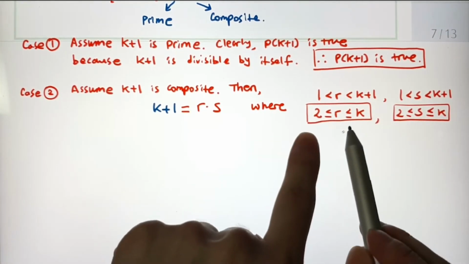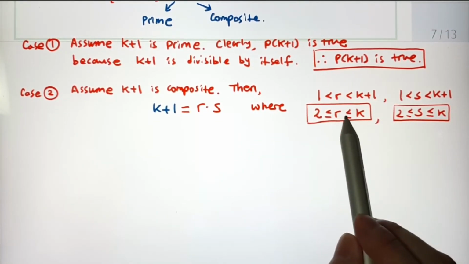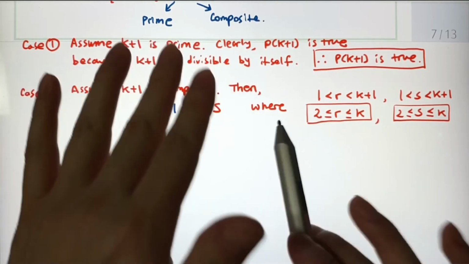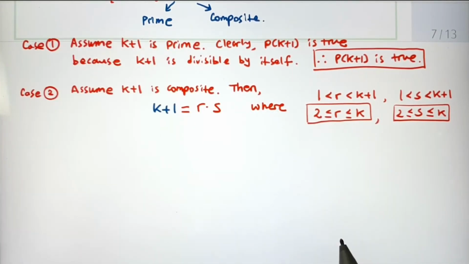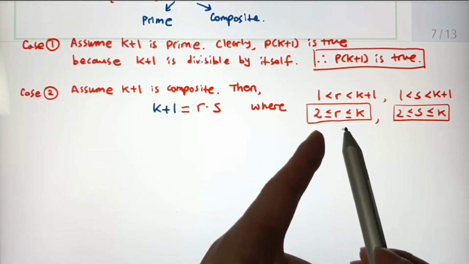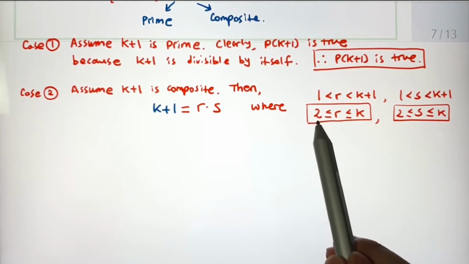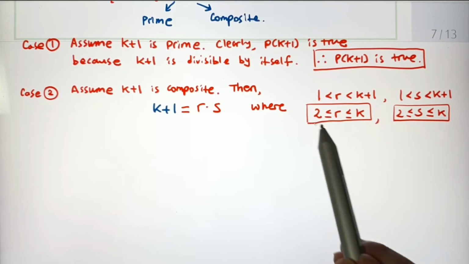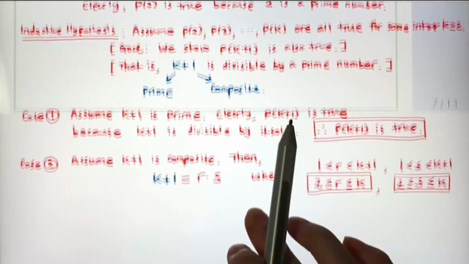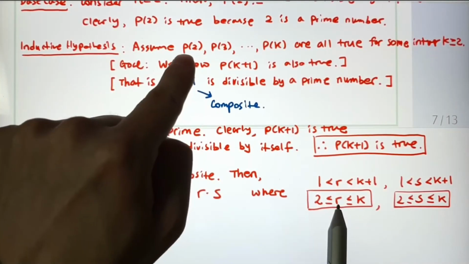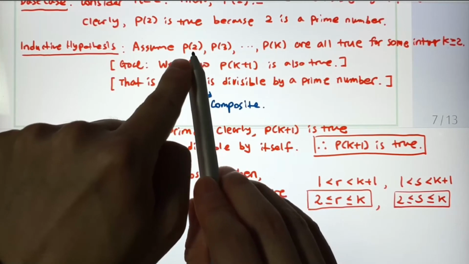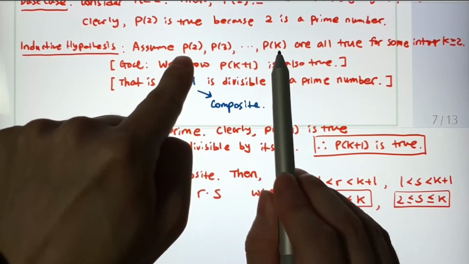You guys might feel that changing from here to here is not so important. But it will be very important. Do you know why? Because the truth of P of r, with r greater than or equal to 2 and less than or equal to k, is so important because of our assumption that the integer r is in between P of 2, P of 3, and P of k.